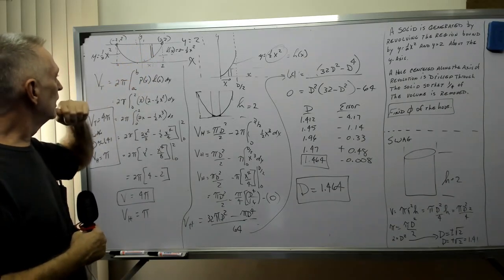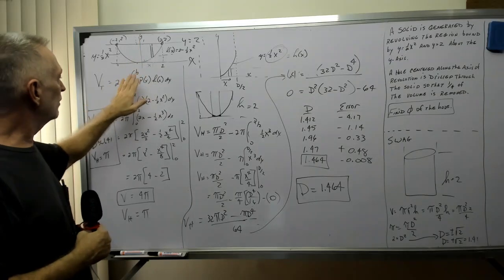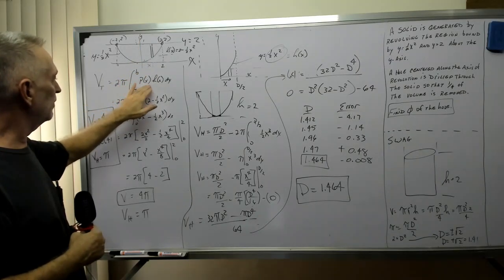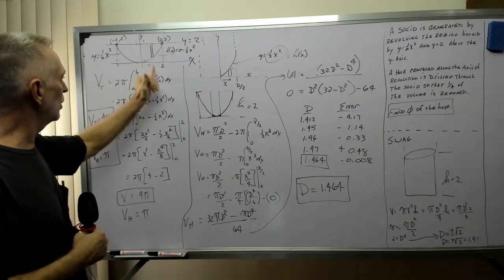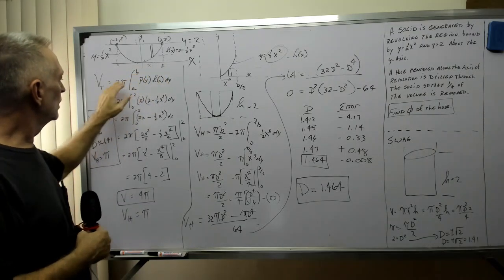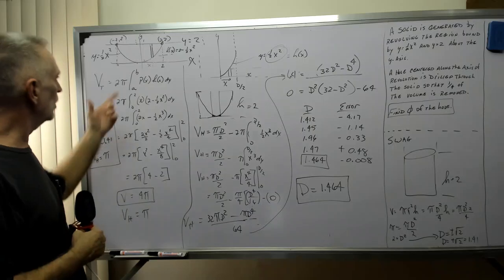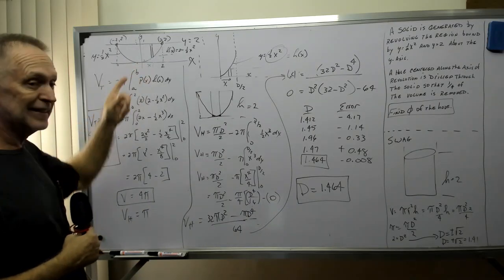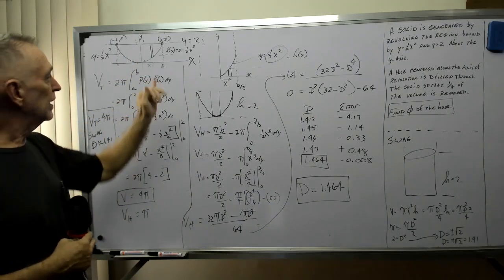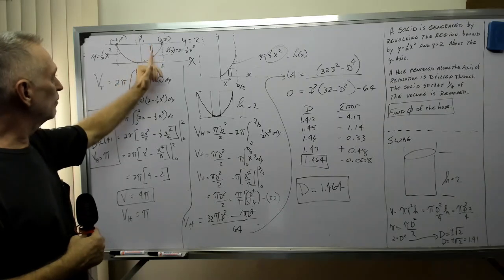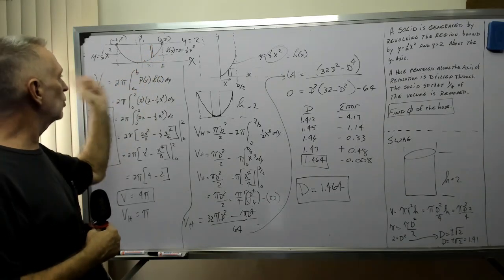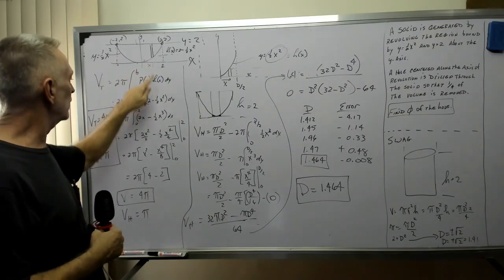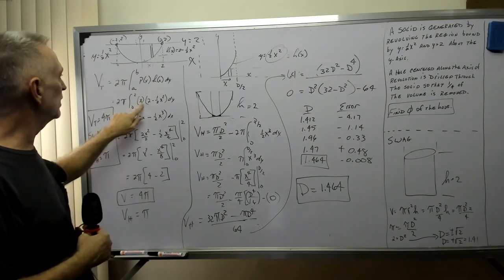Now I know I've got the integral of p of x times h of x dx, and I'm integrating that from 0 to 2, and it's 2 pi times that. So what is p of x? It's the distance that my rectangle is from the axis of rotation that I'm rotating around. Well, that's x, so that's p of x.